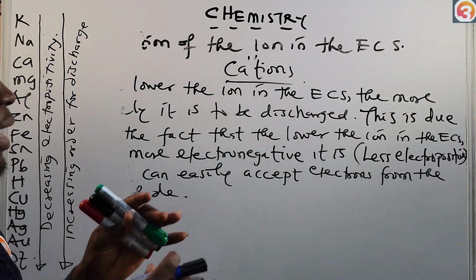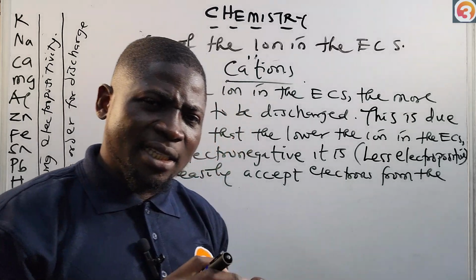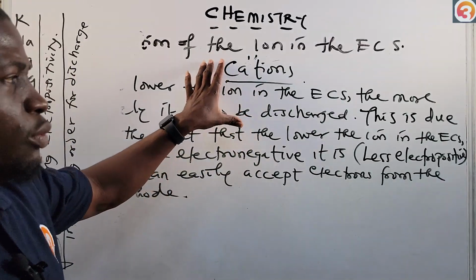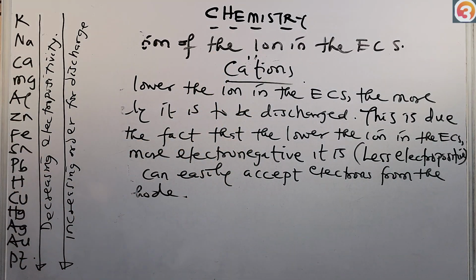Now we have said that the lower the ion in the ECS, the more likely it is to be discharged when we are talking about the cations. Please take note of that.